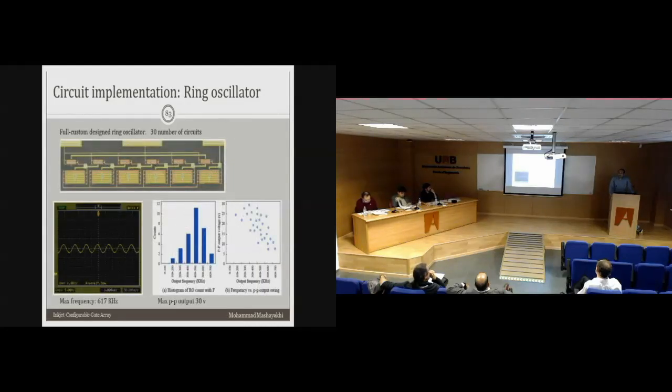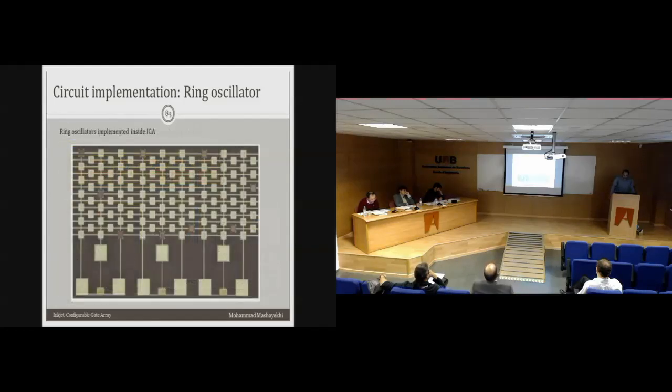Before implementing the same ring oscillators inside the gate array, we designed them in a full custom manner to see the maximum frequency of the 5-stage ring oscillators, then take it as a reference and compare it to inkjet wired ring oscillators inside the IGA. We designed 30 circuits, and we came up to the maximum frequency of 617 kilohertz for ring oscillators, with the maximum output swing of 30 volts.